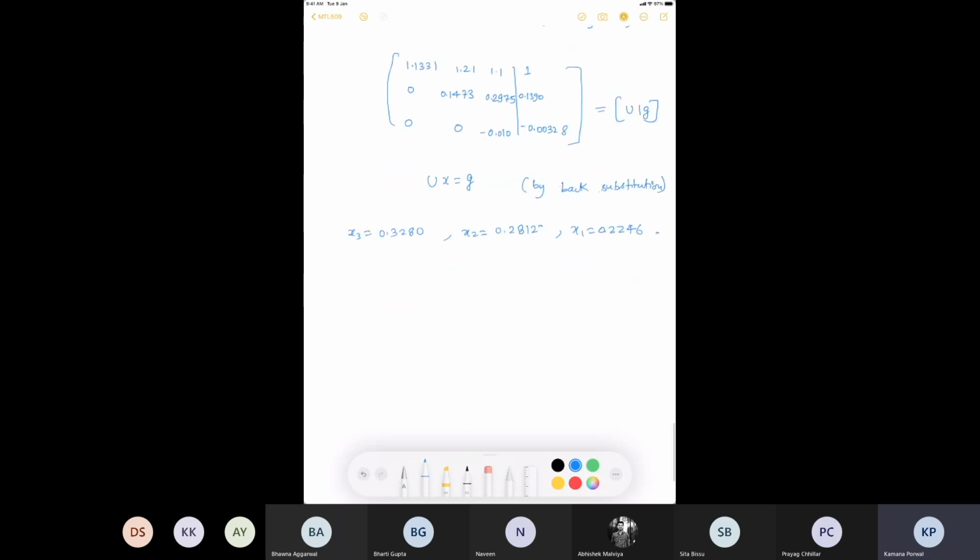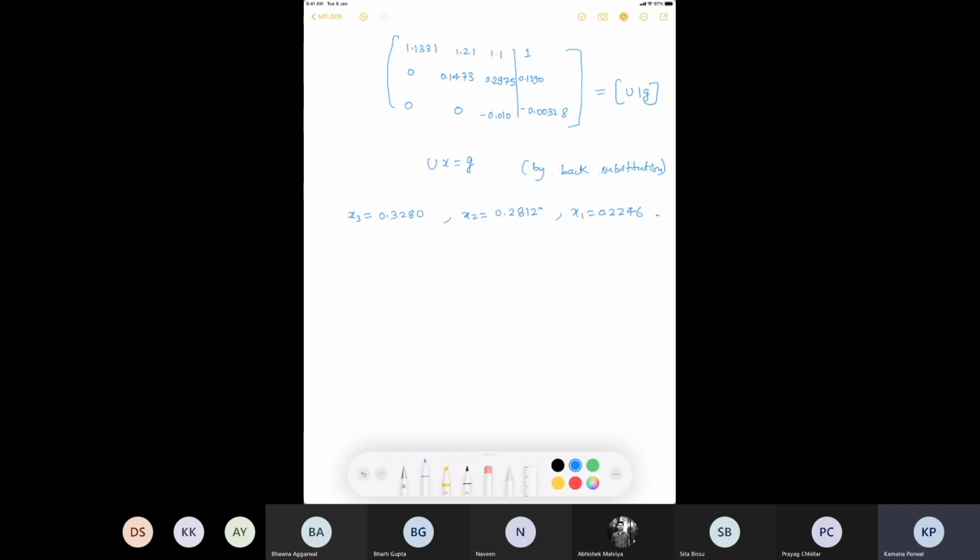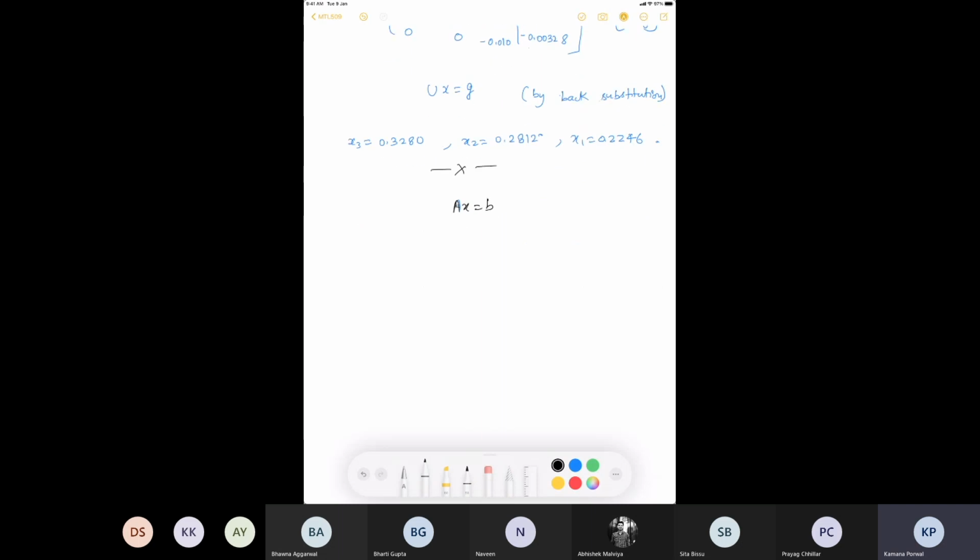So now we can ask a question: if we want to solve Ax is equal to B, we are assuming that A is invertible, right? But in the invertible matrices as well, can we have the classes of matrices for which we can easily solve this matrix equation, Ax is equal to B?